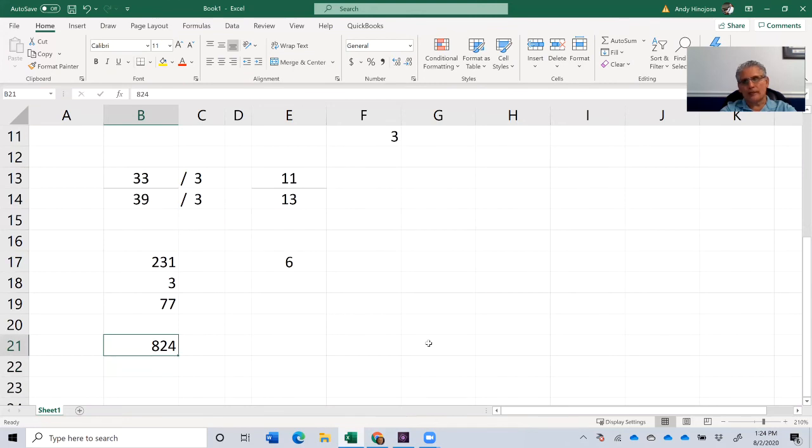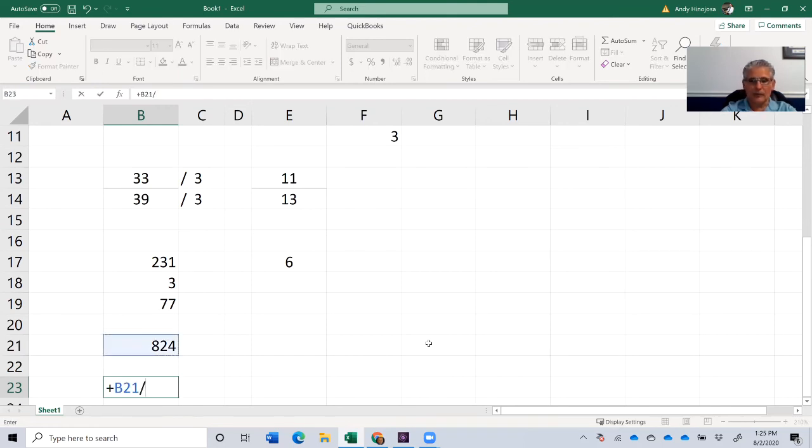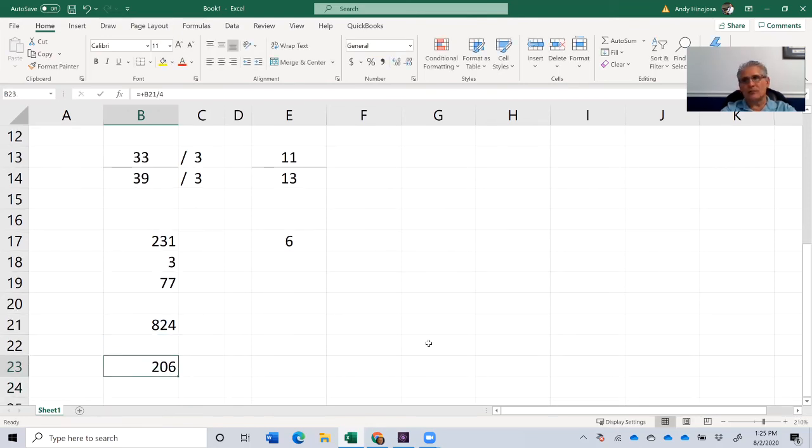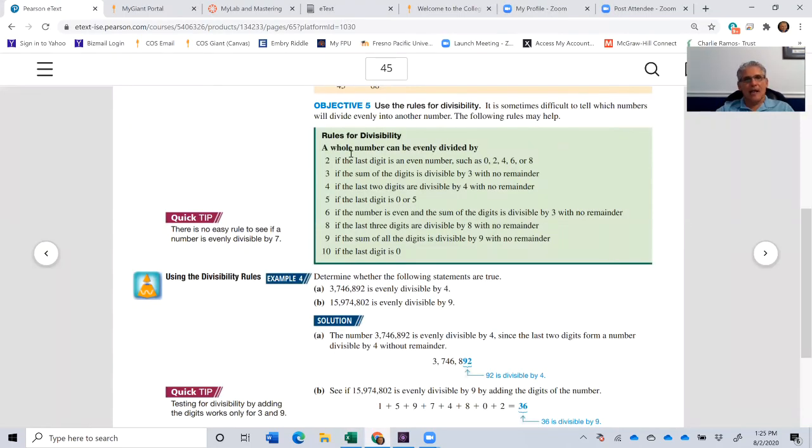Well, you know that 4 can be evenly divided into 24, right? 24 divided by 4 is 6. That's a whole number. So that suggests that 824 divided by 4 will work. And in fact, it is. It is 206. Okay? A whole number can be evenly divided by 5 if the last digit is 0 or 5. I think most of us know this one.